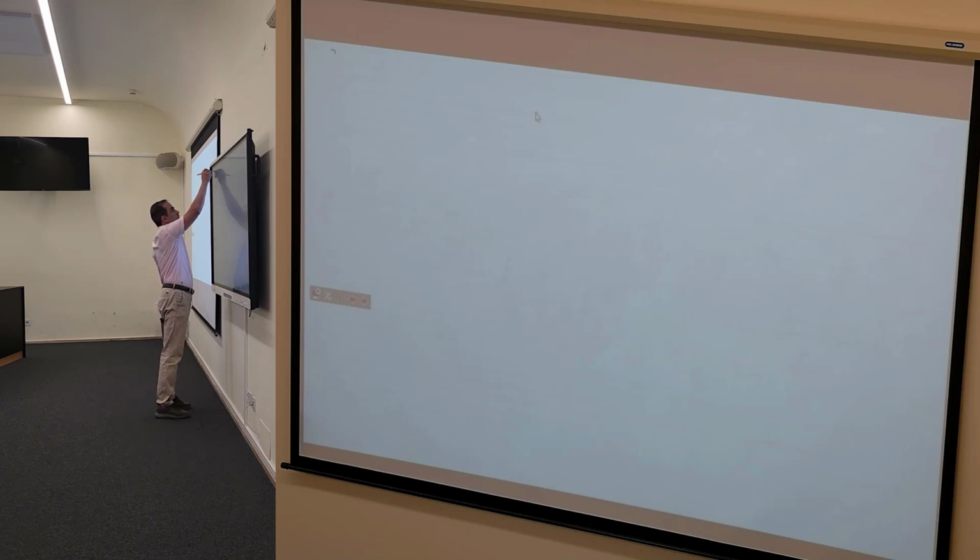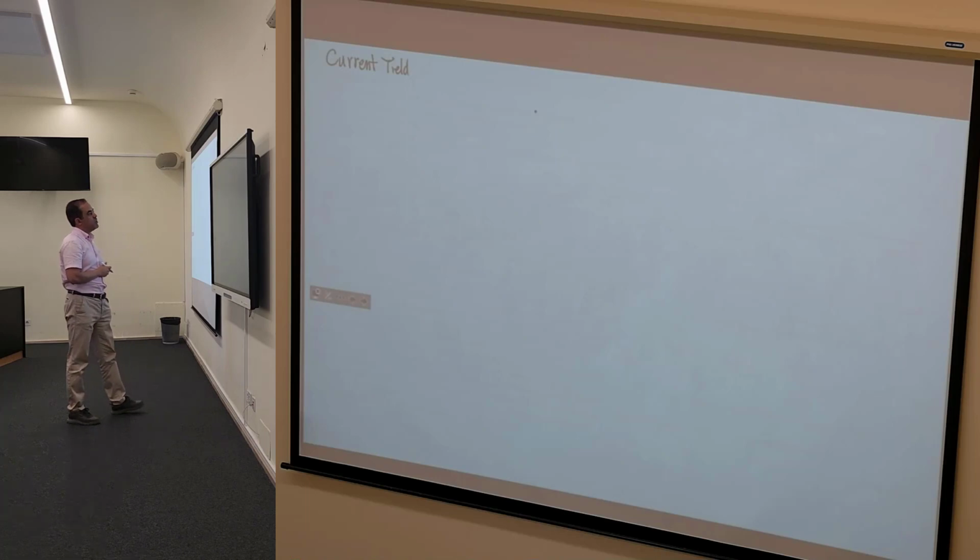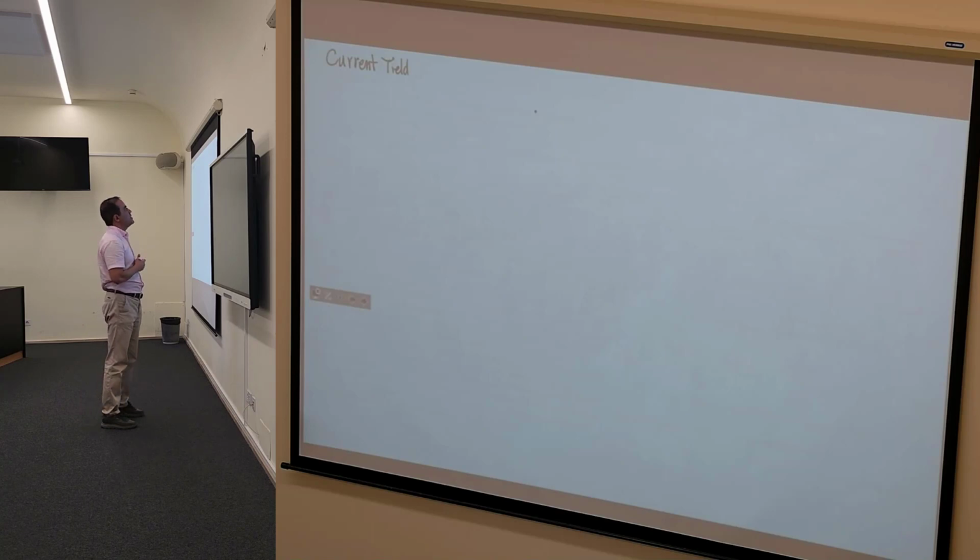So we have the current yield. That is an approximation of the yield to maturity on coupon bonds. Easy to calculate, but it is an approximation and it's maybe not very accurate.